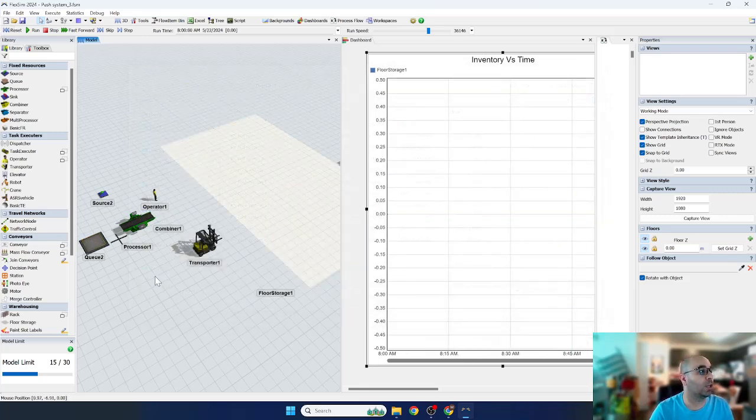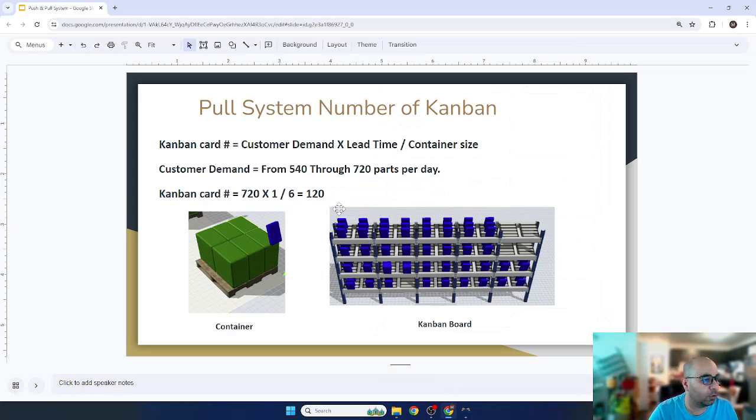So now we go to the pull system simulation. In the pull system, there are a few things we have to do first. First, we have to know how many Kanban cards we're going to need. Each Kanban means one skid. So the number of Kanban cards depends on the customer demand multiplied by the lead time divided by how many parts we have in the container or in the skid.